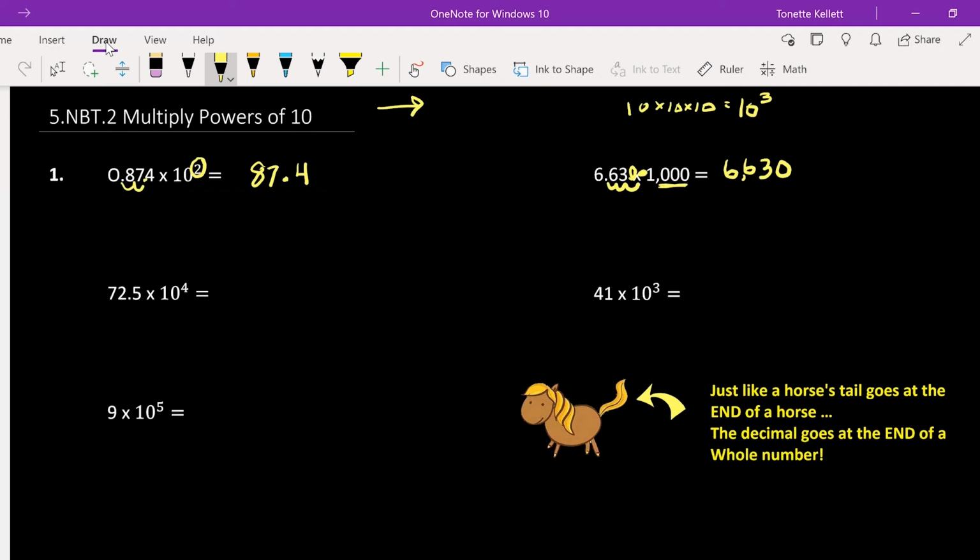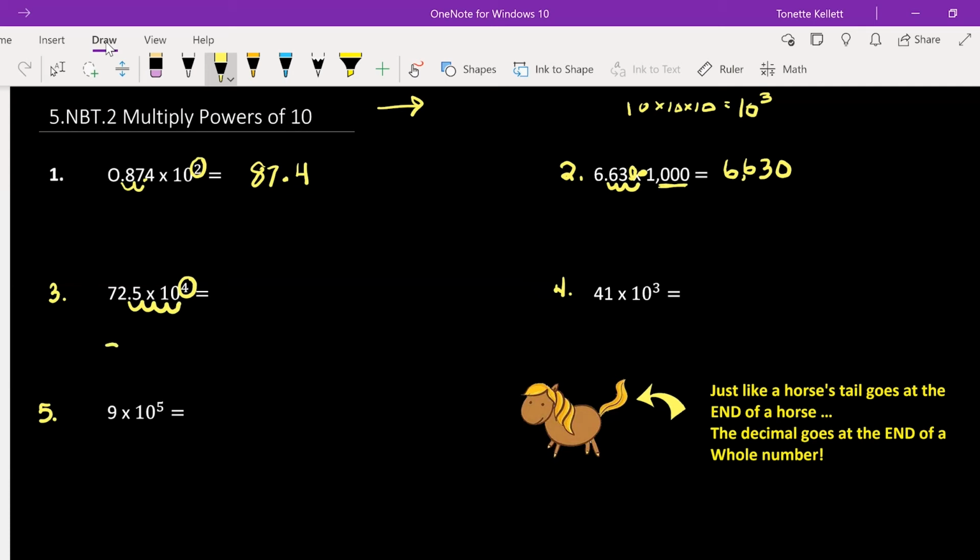All right, I forgot to put my numbers here. So this is number 2, this is number 3, number 4, and number 5. Number 3. Now we're moving our decimal 4 places to the right. So we start here and we go 1, 2, 3, 4.